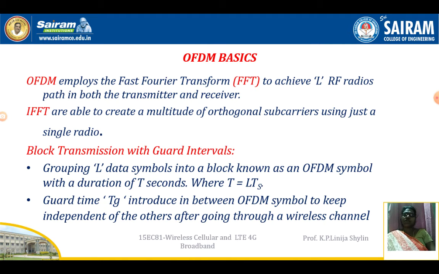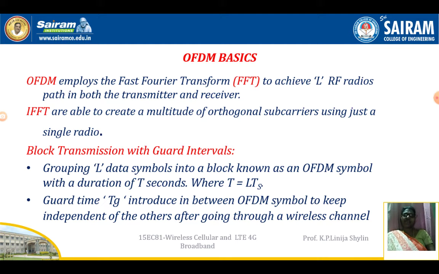And we use the fast Fourier transform to achieve a single radio frequency radio path in both the transmitter and the receiver, and the inverse fast Fourier transform is able to create a multitude of orthogonal subcarriers using just a single radio. Now these are all the basic features of orthogonal frequency division multiplexing.